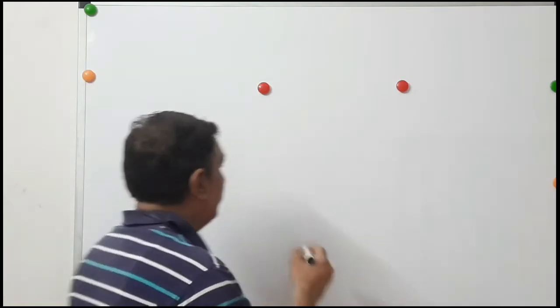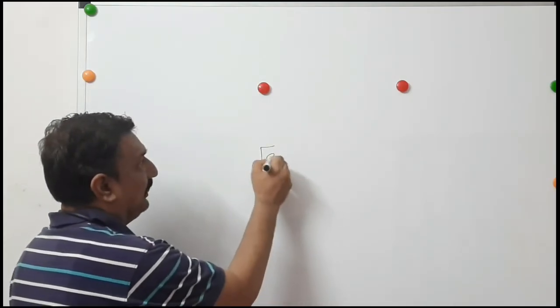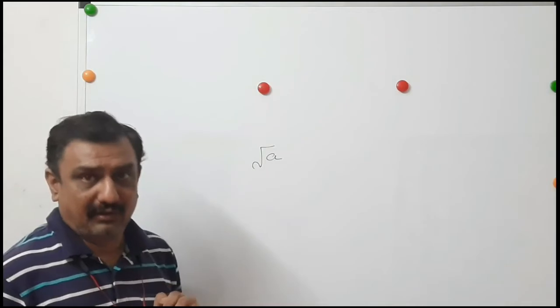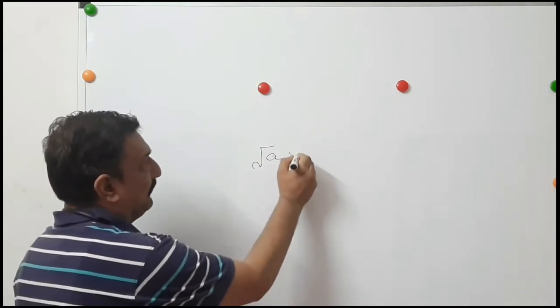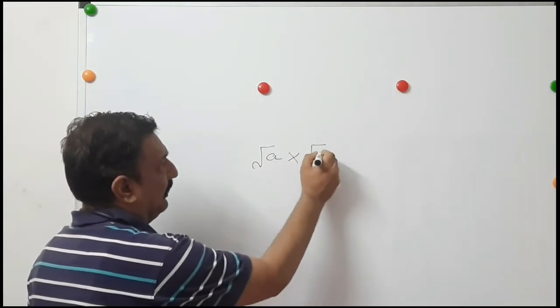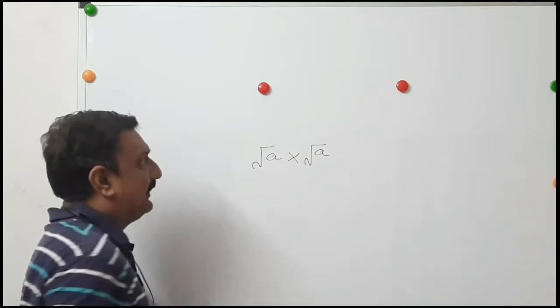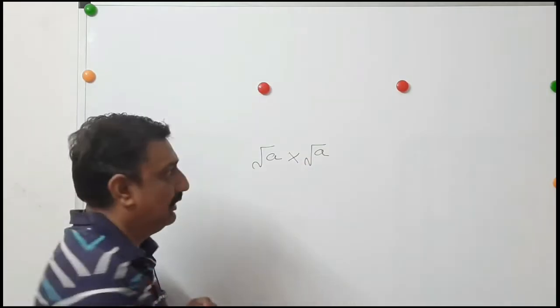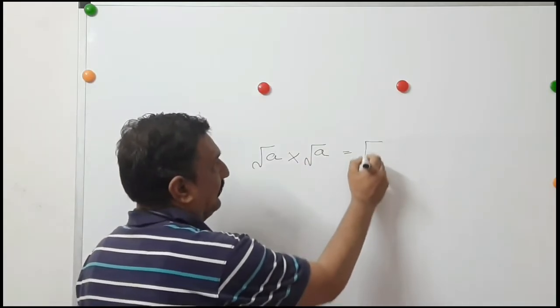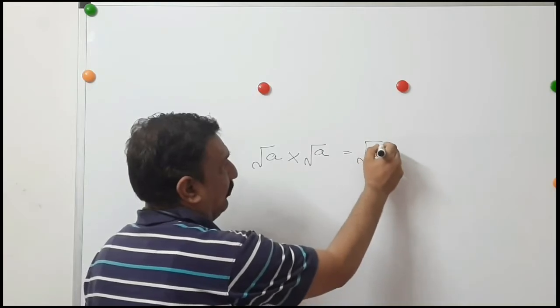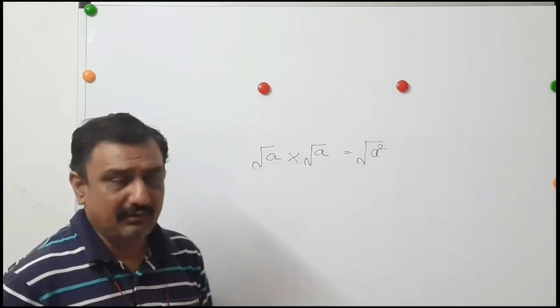For example, root a is an irrational number. If you multiply root a with root a, I will get the square root of a square.